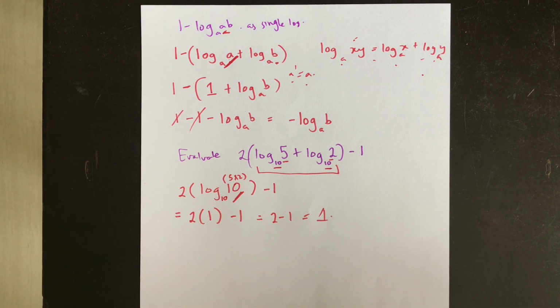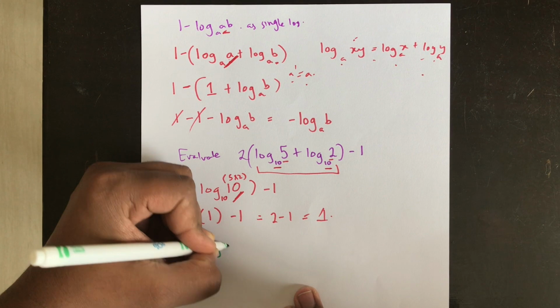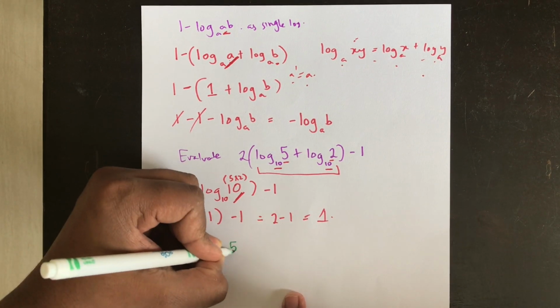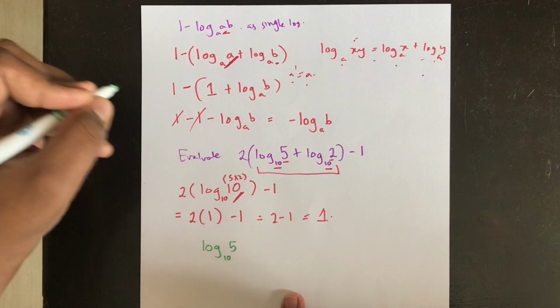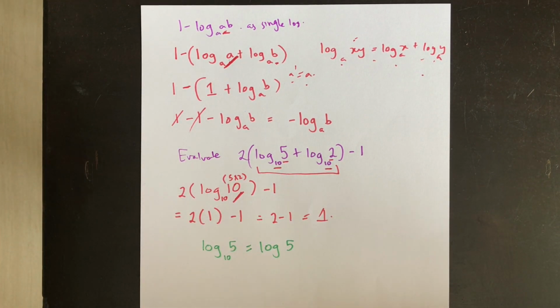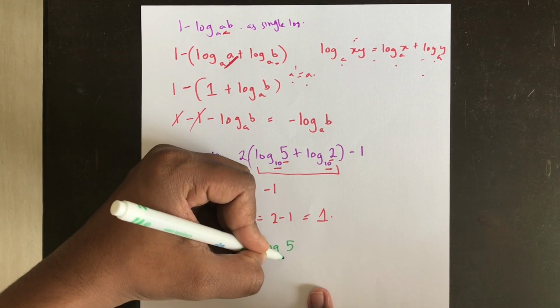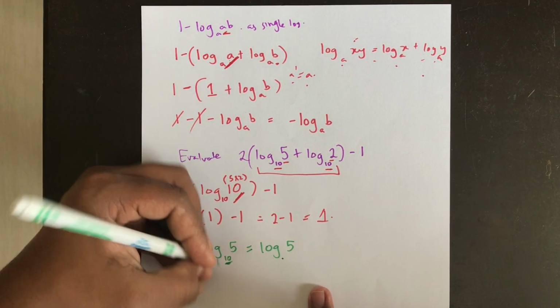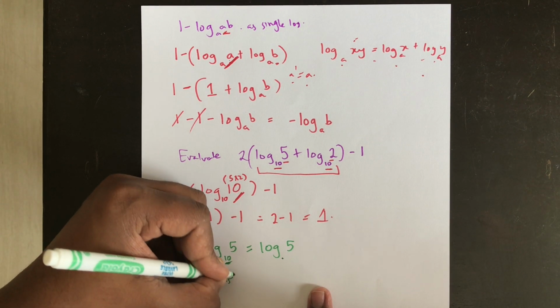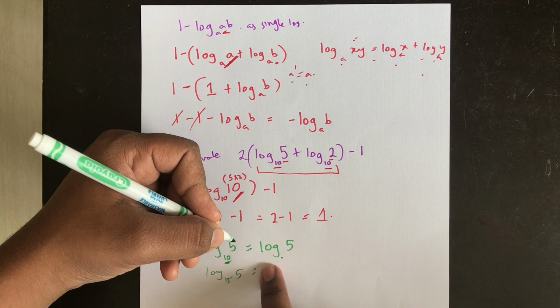One more thing I want you to note is that in the future, perhaps we'd be using notations like this. Here we have log 5 base 10. Actually, this can be written as just log 5. We assume that the base here is 10, but it's only for this case. If I have log 5 with base 15, I cannot write this as log 5.